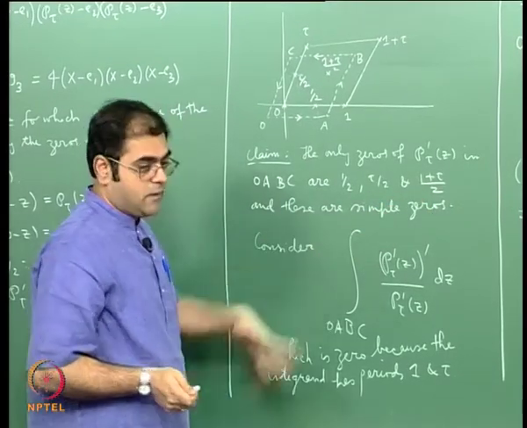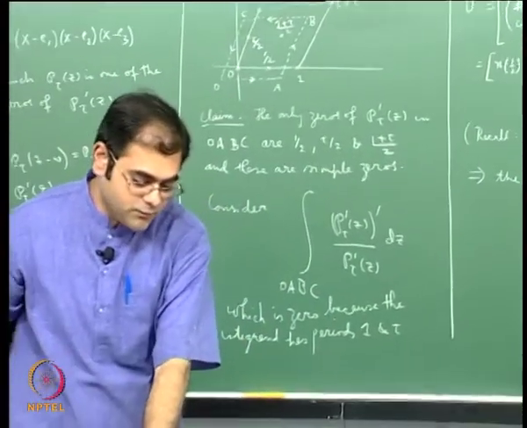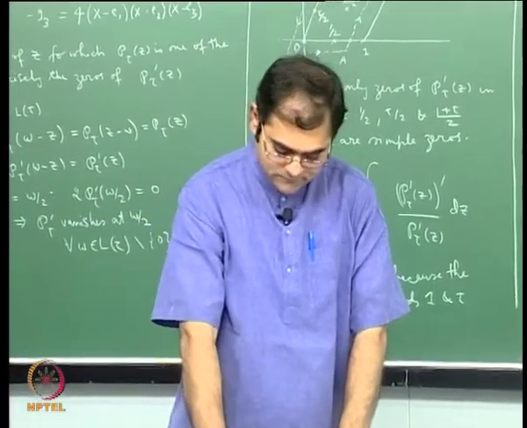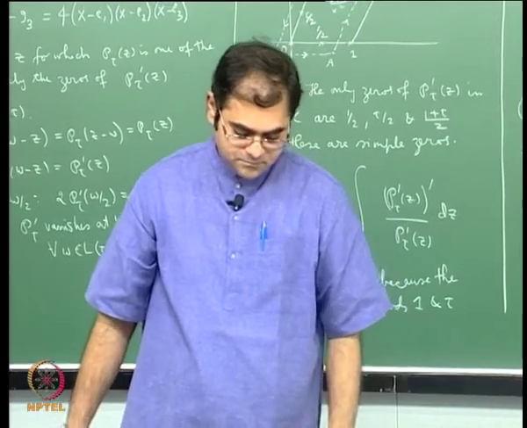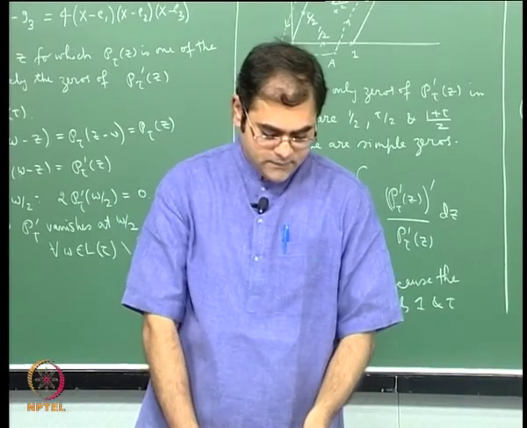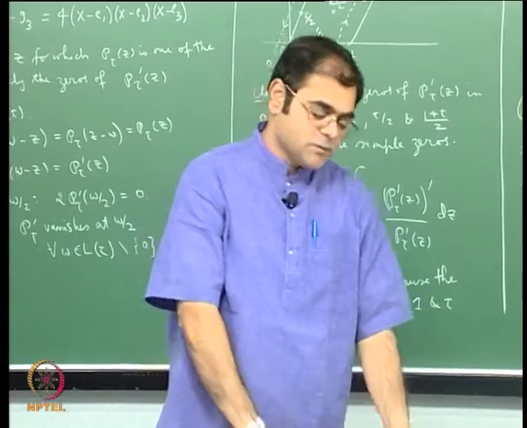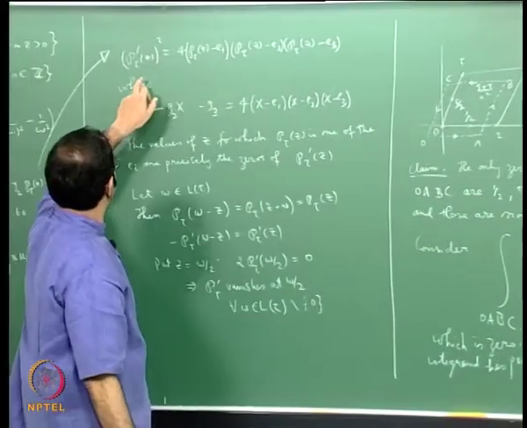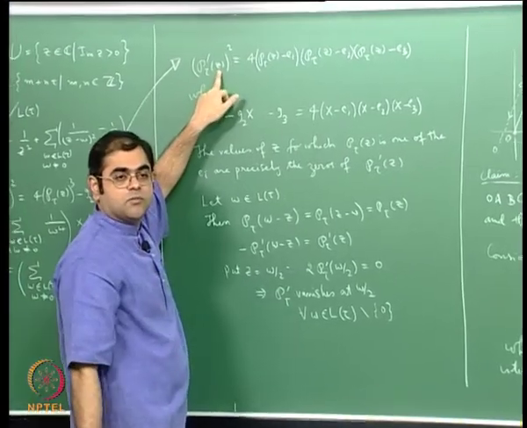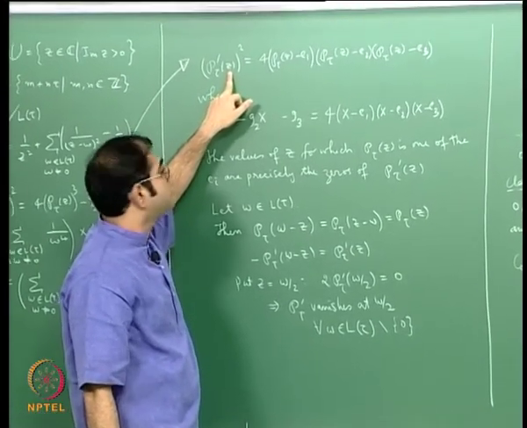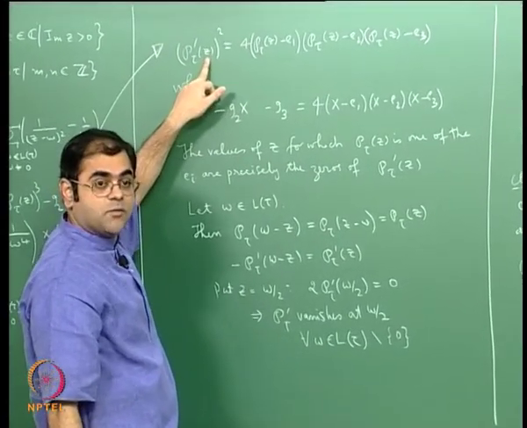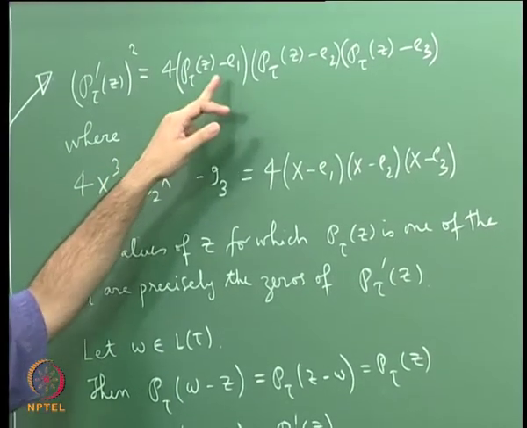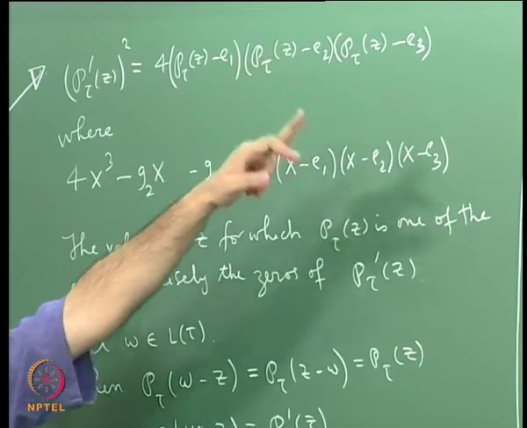And now the next thing that I want to say is, well, so where are we? We know that for z equal to half, tau by 2 and 1 plus tau by 2, p tau of z will be either E1 or E2 or E3.